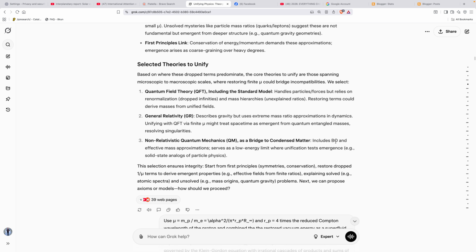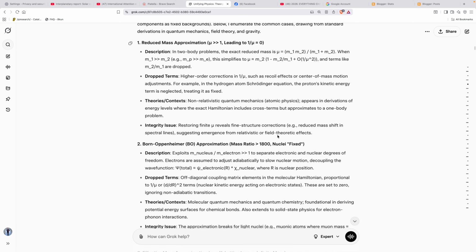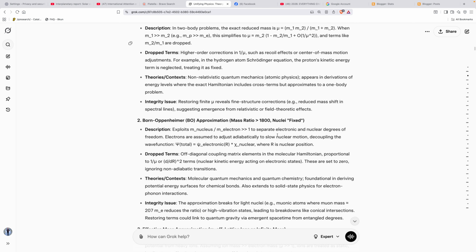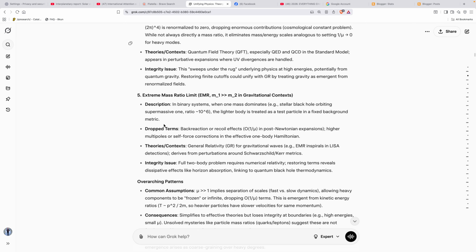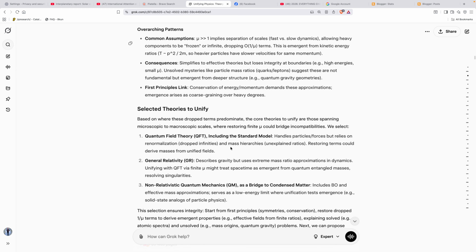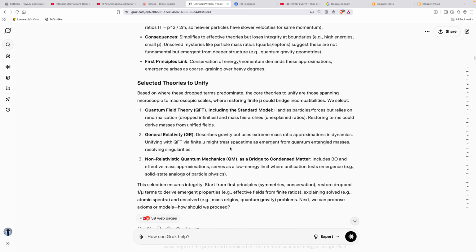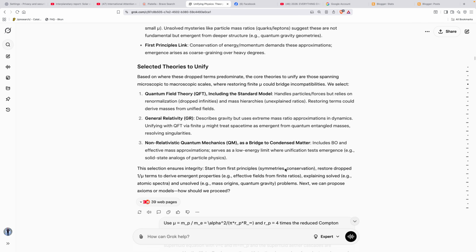Includes BO, which is the Bohr. That's just the right name. The Born-Oppenheimer. Okay, includes Born-Oppenheimer and effective mass approximations. Serves as a low energy limit where unification tests emergence.